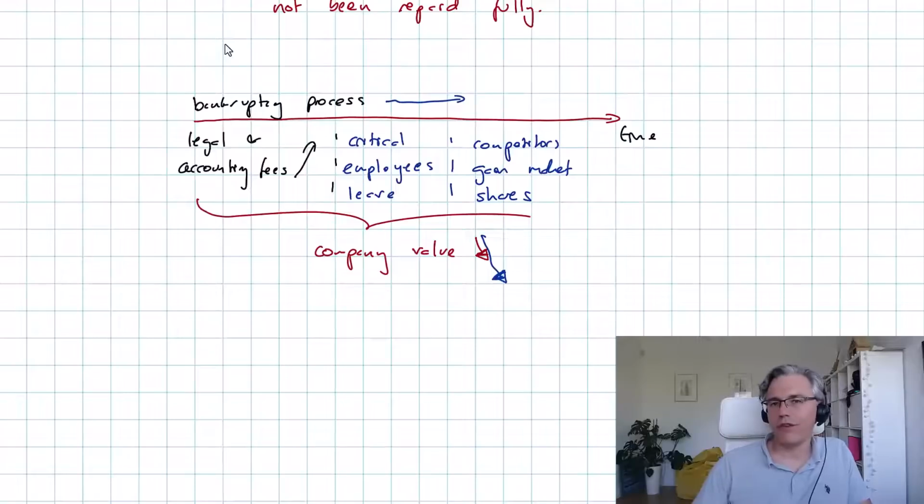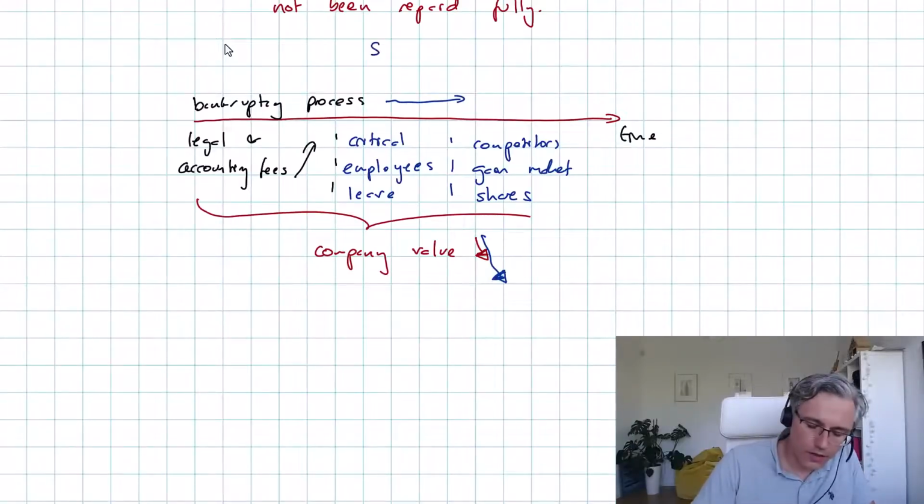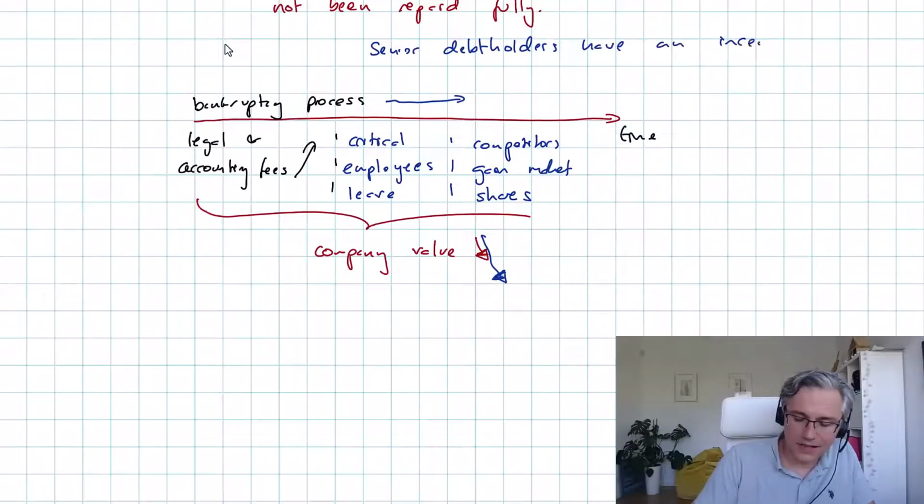So this provides an incentive for the more senior debt holders. So the senior debt holders have an incentive to actually accelerate these proceedings.